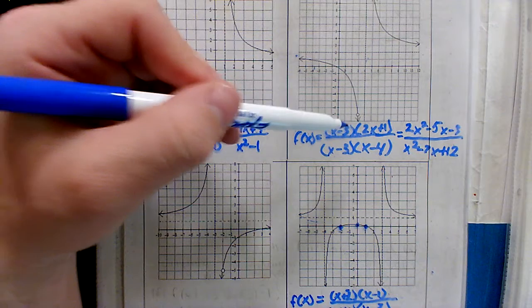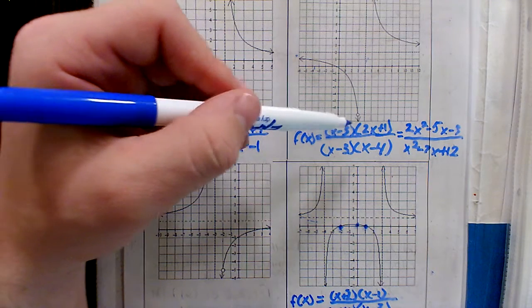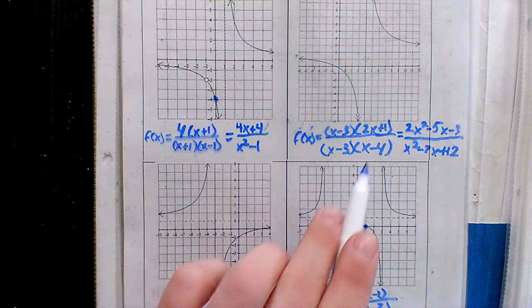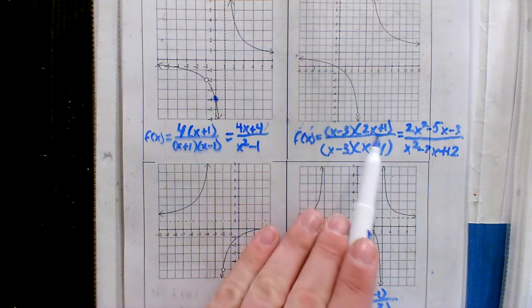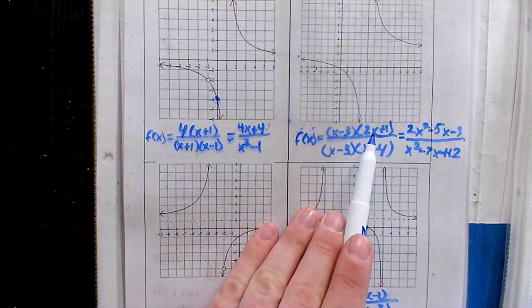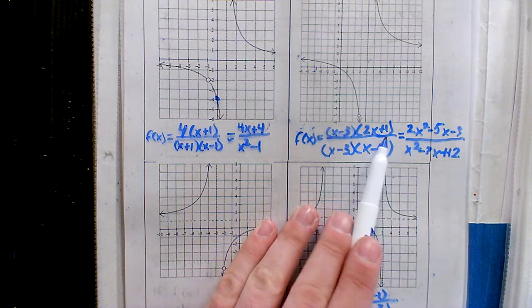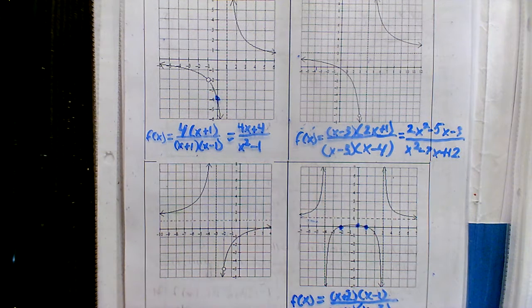For the first one, the factored form, I got x minus 3 on the top. And this one is a little different. You probably had x plus 1/2 on the top. So we haven't been dealing with fractions at all, so that x plus 1/2, to make it a 1, if you multiply them both by 2, that'll give you the factor, instead of having that 1/2 in the parentheses there.